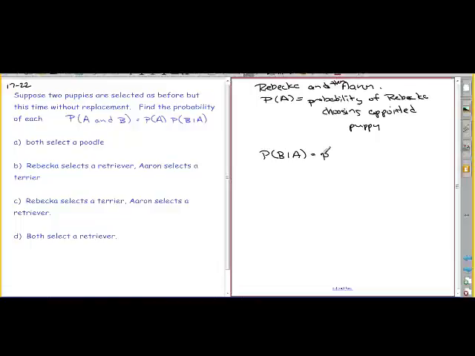And the probability of B, given that A happens, is the probability of Aaron choosing the appointed puppy given Rebecca's choice.